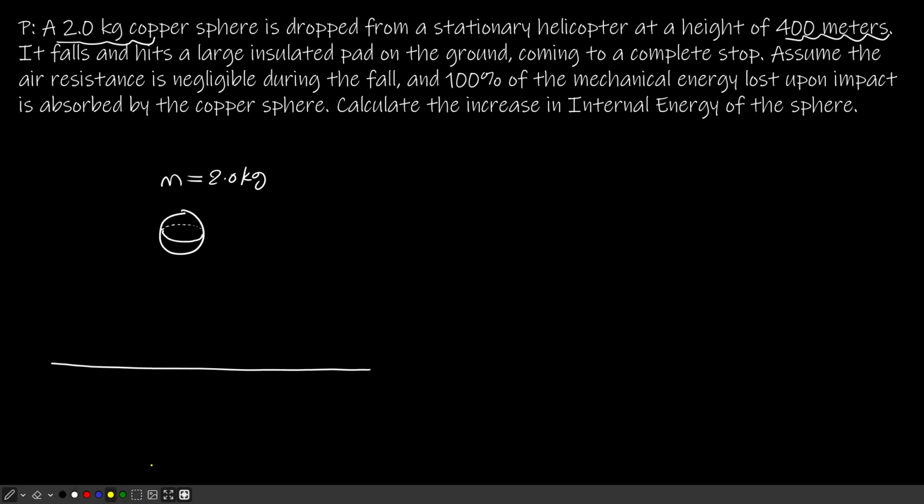Now, we label our initial reference height, this dotted line, as h initial equals 400 meters, and this reference as h final equals 0. What that means is that the initial height before it gets dropped is 400 meters, and finally when it hits the ground, of course its height will become 0.